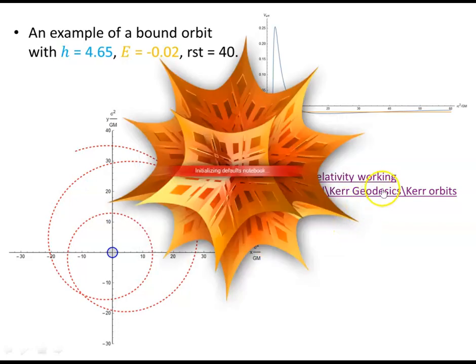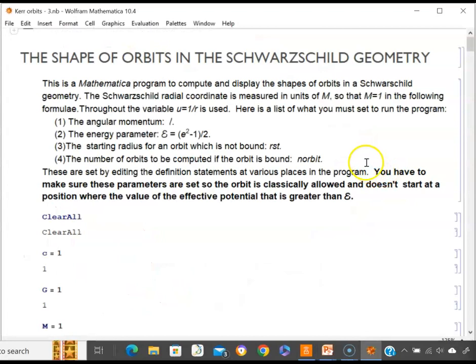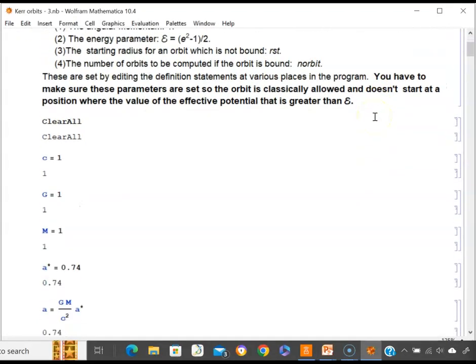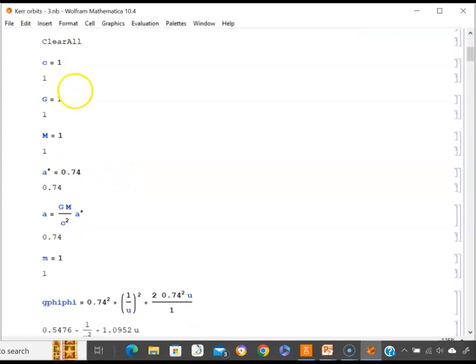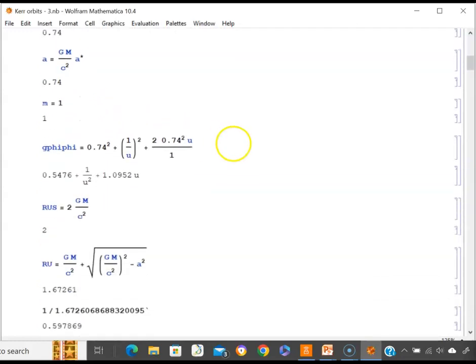So let me just show you briefly. Just be patient while this program opens. I'm only going to show this briefly too; I'll make this a subject in the next video. The program is actually written for the Schwarzschild geometry, and we have to change a few things. I've added these units, c is 1, G, and so on, because in the next video I'd like to change these to their actual units and run the same program as well.